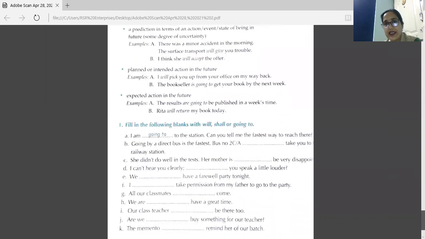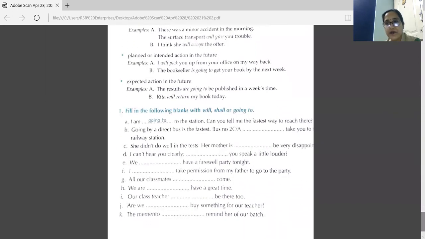Let's see this exercise now. Fill in the blanks with will, shall, or going to. First is done. I'm going to the station. Can you tell me the fastest way to reach there? So am is already given there, so it's understood that you have to use going to.